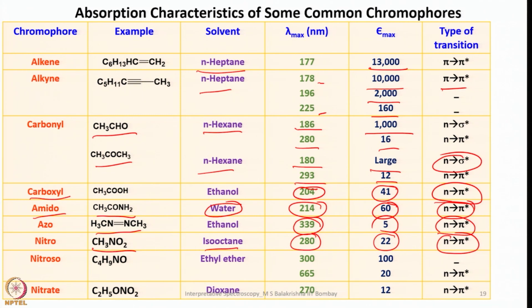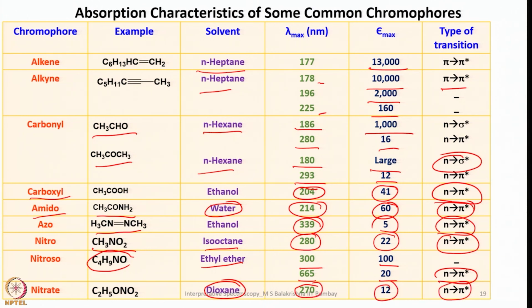If you take nitroso group recorded in ethyl ether, 300, with epsilon 100, whereas in case of 665, 20, it is again n to pi star. And then in case of nitrate, dioxane is the solvent chosen, and lambda maximum is 270, and epsilon is very low again.